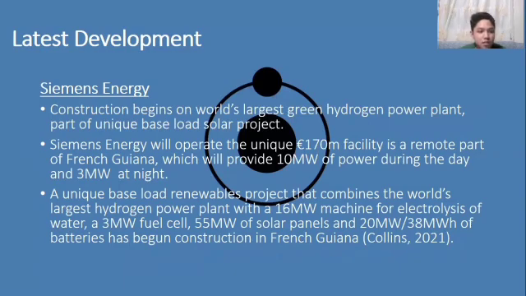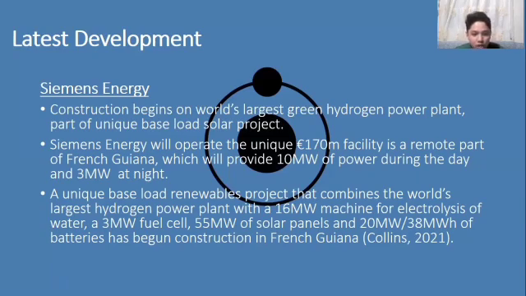Next is Siemens Energy. Construction begins on the world's largest green hydrogen power plant, part of a unique baseload solar project. Siemens Energy will operate the unique 170 million facility in a remote part of French Guiana, which will provide 10 megawatts of power during the day and 3 megawatts at night.